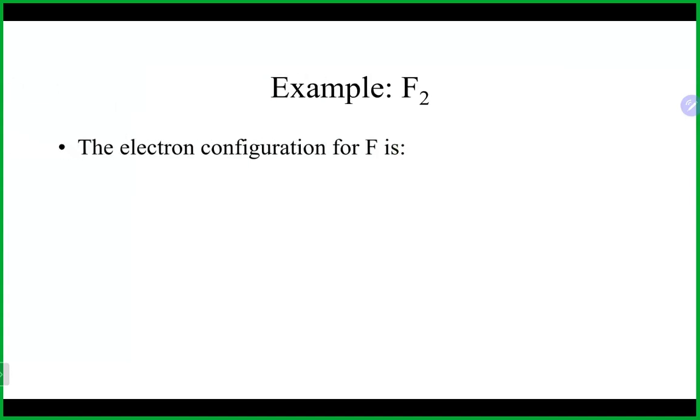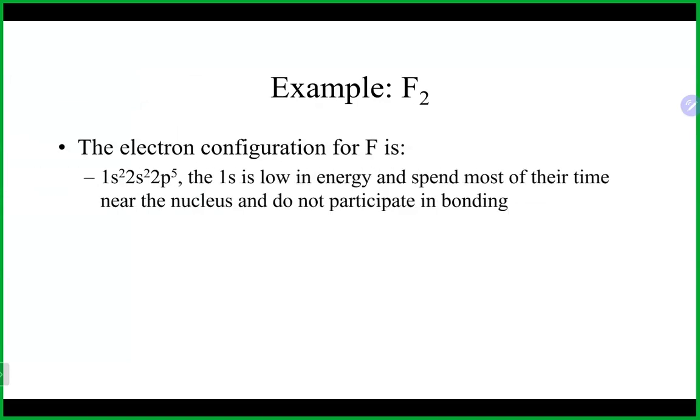So if we take a look at fluorine, for example, which is F2, fluorine has an electron configuration of 1s2, 2s2, 2p5. So in this case, we would have one fluorine with 7 valence electrons, another fluorine with 7 valence electrons. And again, they're definitely going to end up sharing these electrons rather than transferring.